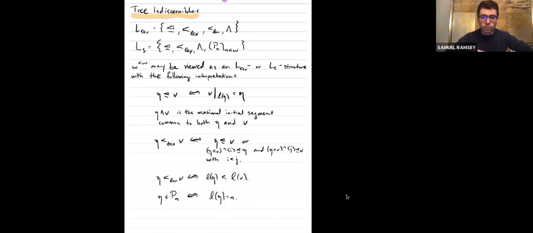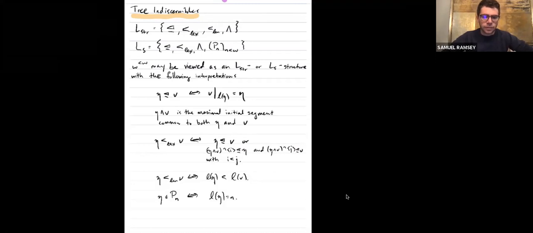Eta meet nu is the maximal initial segment common to both eta and nu. And because we're working with finite-length nodes, this always exists. I mean, it's an infinite tree, but with finite length nodes. That always exists.